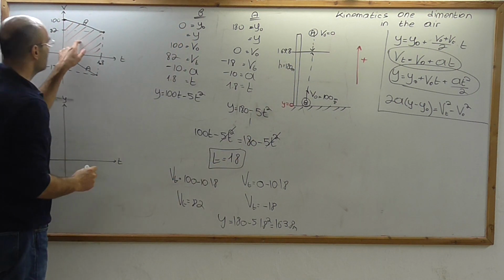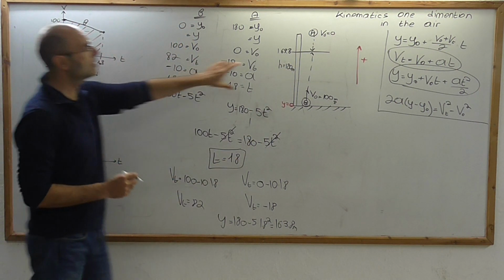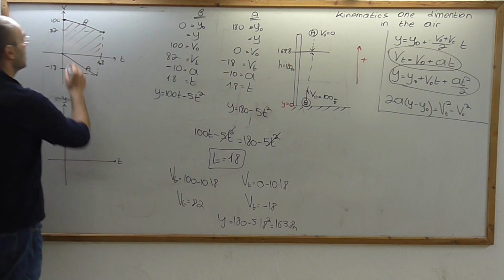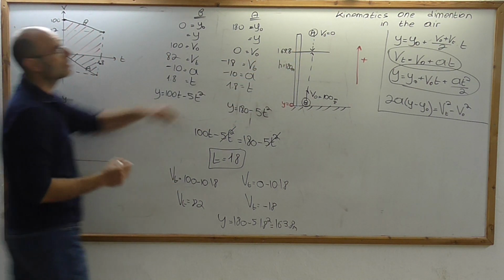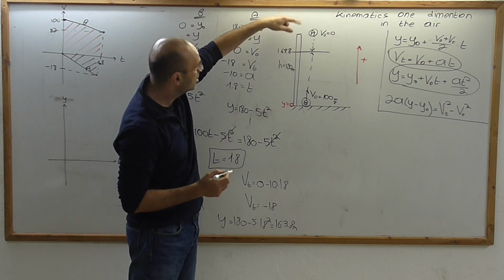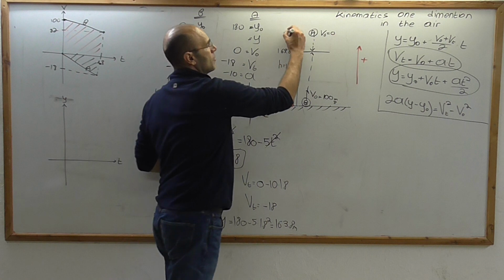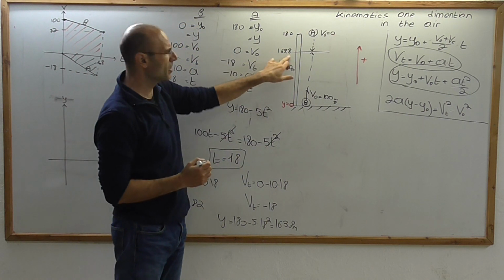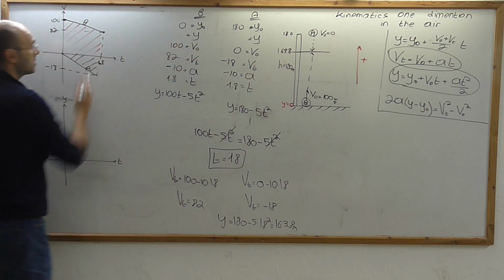So, if I calculate the area, I expect it to be 163.8. If I calculate this area, I expect it to be the displacement of A, which started from 180. So it's 16.2, something like that. Let's calculate it.